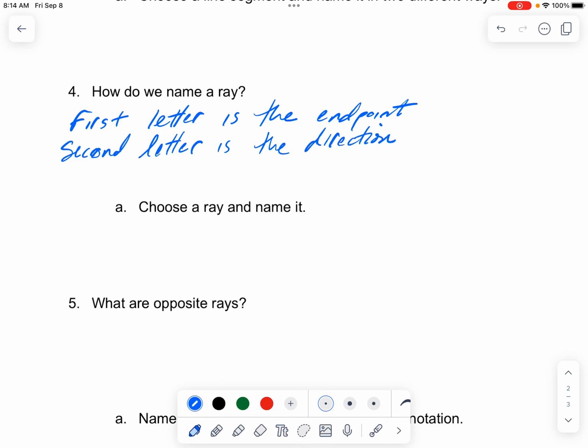So if we remember, a ray has one endpoint and then it continues on in some direction forever and ever and ever. So if I'm going to name a ray, the first letter in my name has to be this point, and then the second letter can be any point that's this direction, because that tells me which direction it's going from the endpoint.